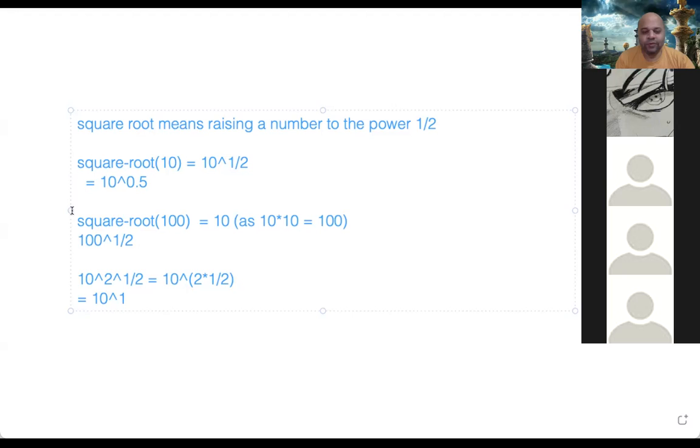Another law of powers is that the general law is this: if you have 10 raised to some number a, and you raise the whole thing to the power b, this becomes 10 raised to a multiplied by b.